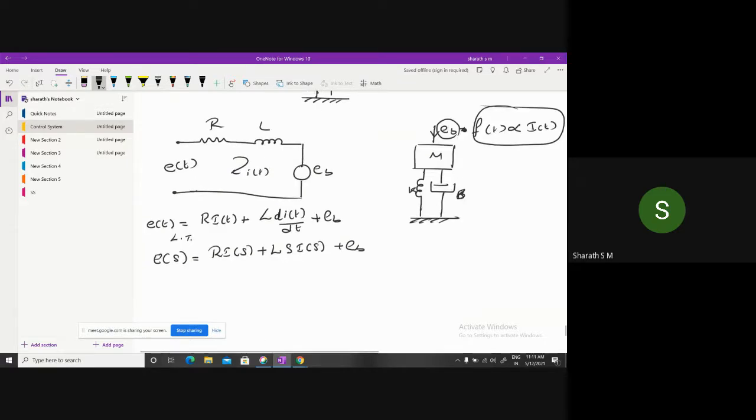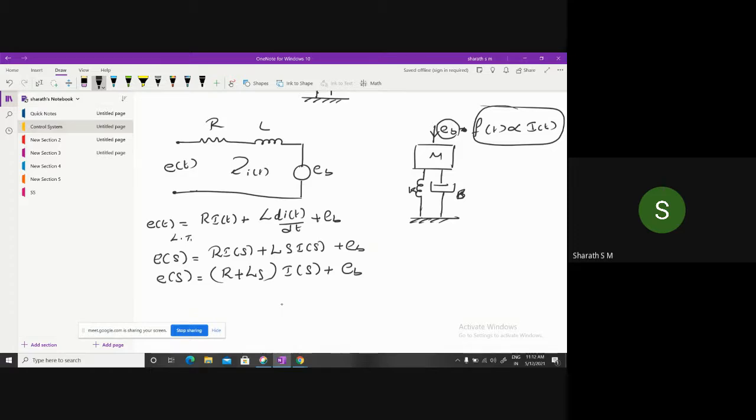Here we can simplify this for the current, because force is directly proportional to current, so we can substitute the current equation in the mechanical model. We can take I of s as a common factor: R plus Ls into I of s plus the back EMF EB.